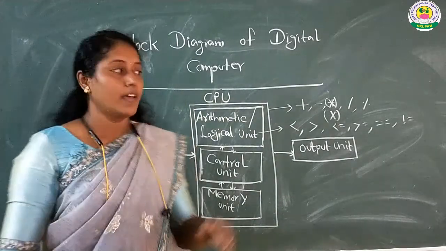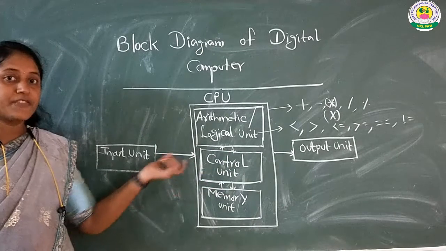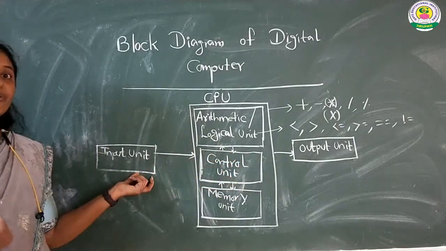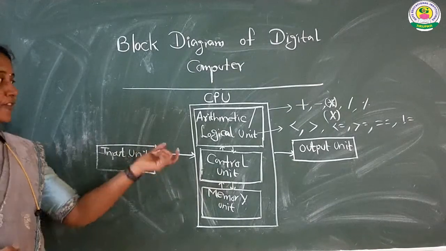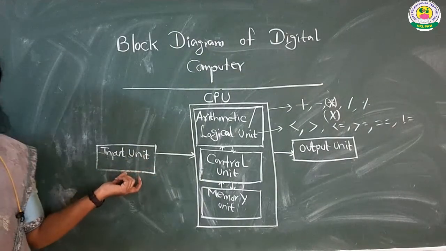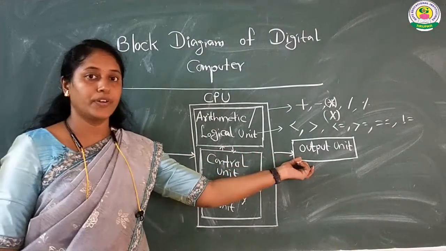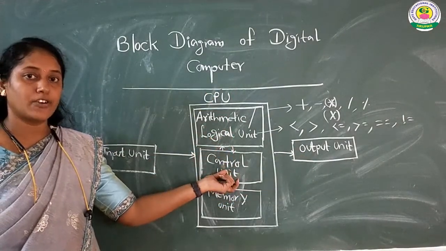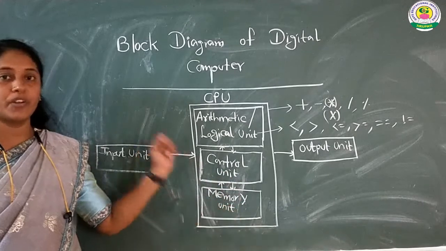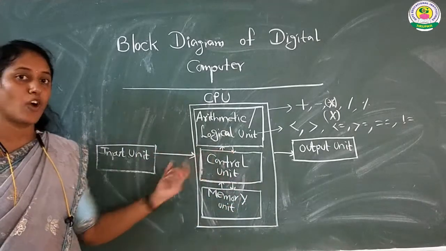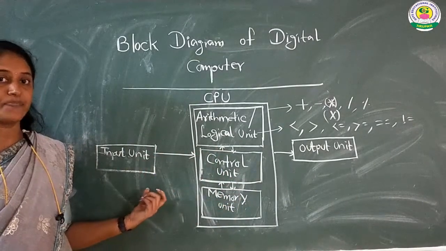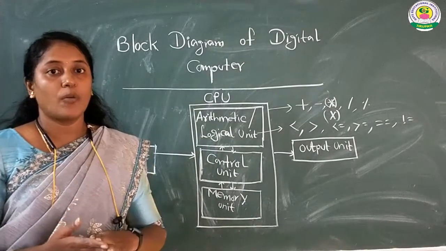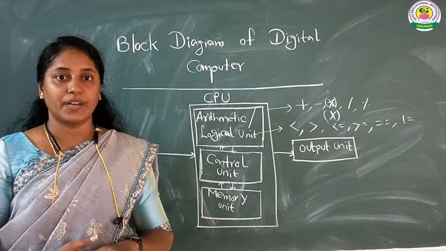In the same way, all the components connected to a computer have their own unique functionality. On the board we have the input unit and output unit, the central processing unit, arithmetic and logical unit, control unit, and memory unit, and each component has its own task. Now we discuss how all the components function in a computer.